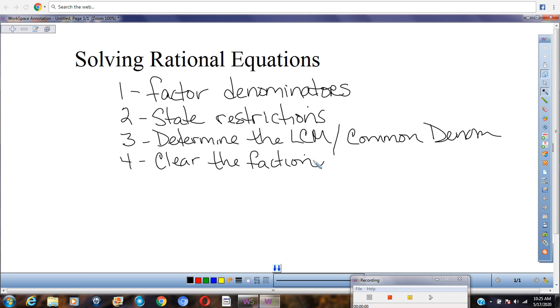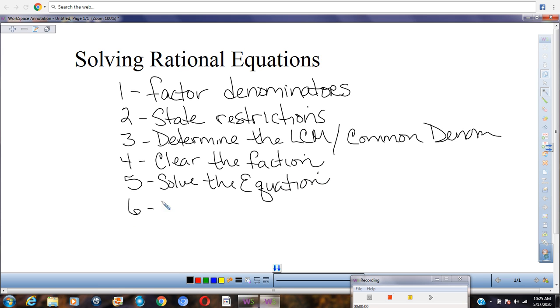There we go. Step five, once we clear the fraction, we're going to go ahead, distribute, and solve the equation. And step six, of course, check for extraneous solutions. And again, that refers back to those restrictions we stated in step two.